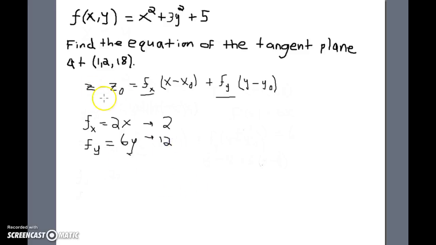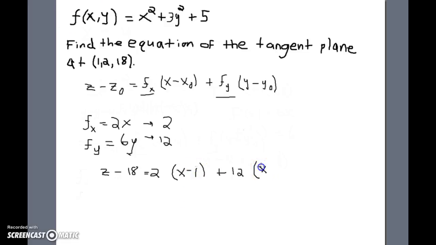And once you do that, we can write out our equation. z minus 18 equals 2 times x minus 2 plus 12 times x. Oh, I'm sorry, I made a mistake here. This shouldn't be x minus 2. This should be x minus 1.